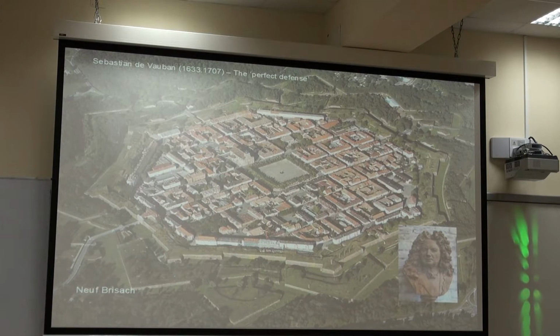On the picture you see Neuf-Brisach, which is on the border to Germany, and it's again like the Italian example we saw, almost an ideal military city.